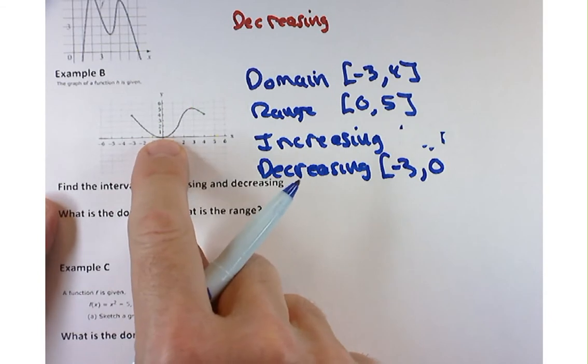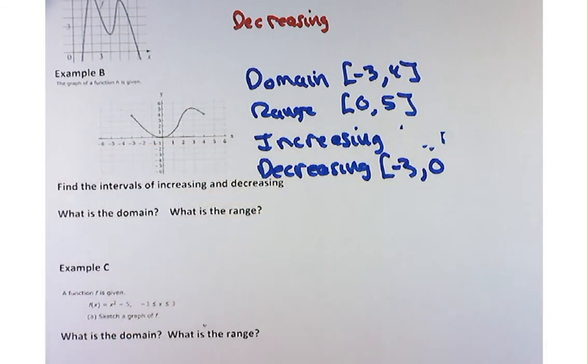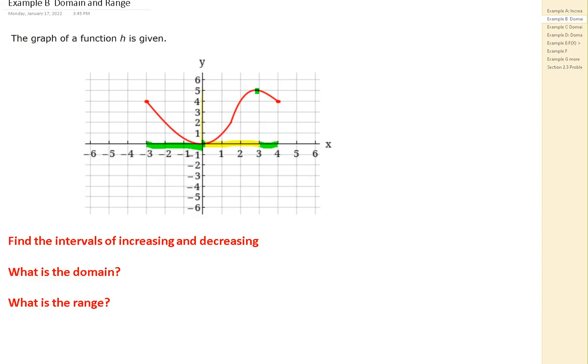At 0, it's not decreasing, nor is it increasing. 0 is kind of this strange point in between, this no man's land. For just a moment, the function is flat. When you get to calculus, we'll say that it has a horizontal tangent line, but that's above our pay grade right now. We're just not going to include the 0.